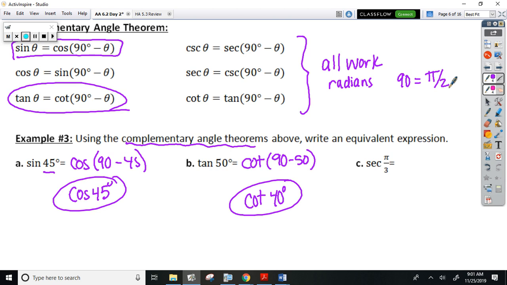But I know a lot of you prefer to just change to degrees and then just use degrees. So either way, I think most of you like to convert, so I'll show the convert. So if we convert pi over 3 to degrees, two ways you can do it. Multiply by 180 over pi, or you could use your special angles chart. It's actually on the back of your table. So if you go down to pi thirds, you'll see that it's 60 degrees.